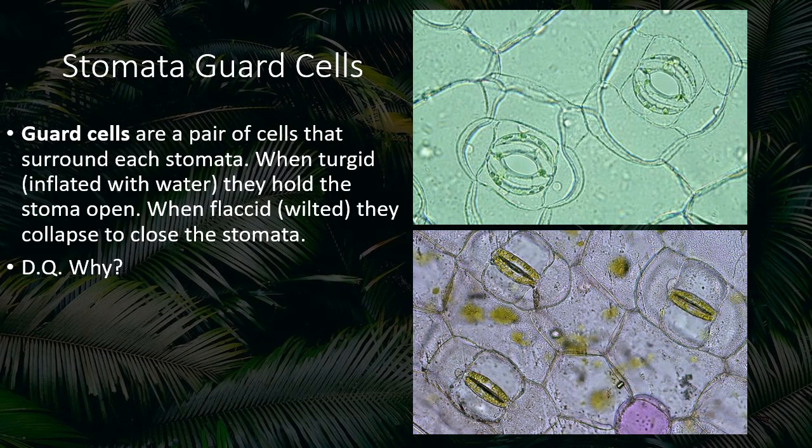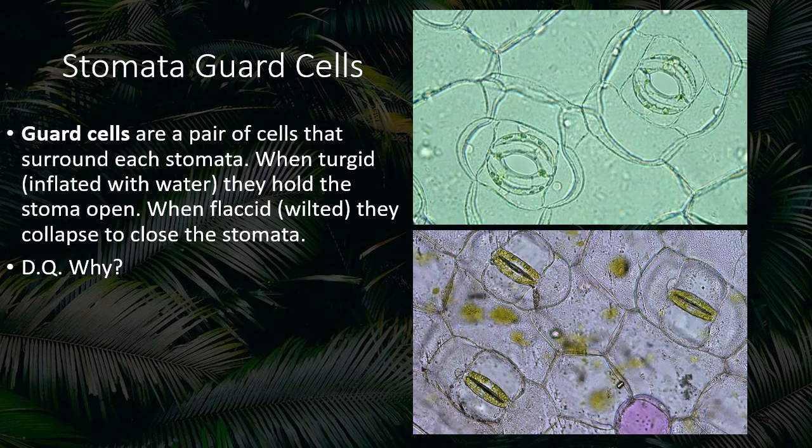When the plant starts to enter a state of water stress and no longer has enough water to keep the guard cells inflated, those guard cells will collapse when they wilt, and they will close the stomata. And this has to occur in order to conserve water under drought stress conditions.